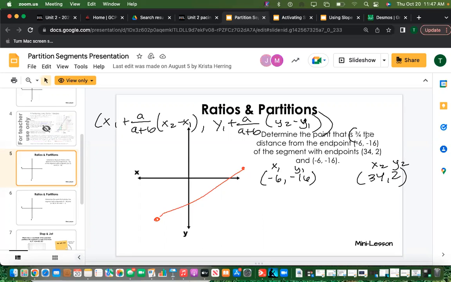Now they gave us this 3/4. This 3/4 is going to be our A divided by A plus B, equals 3/4. So what do you think B is in that case?